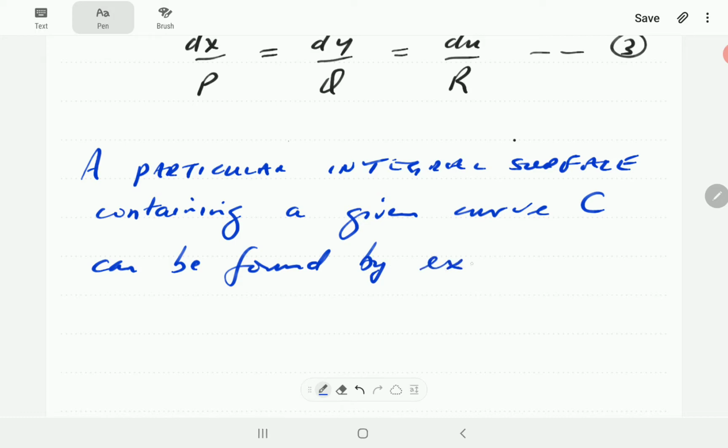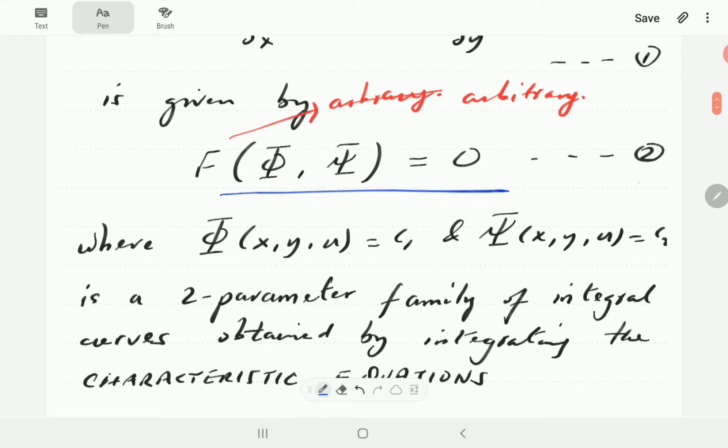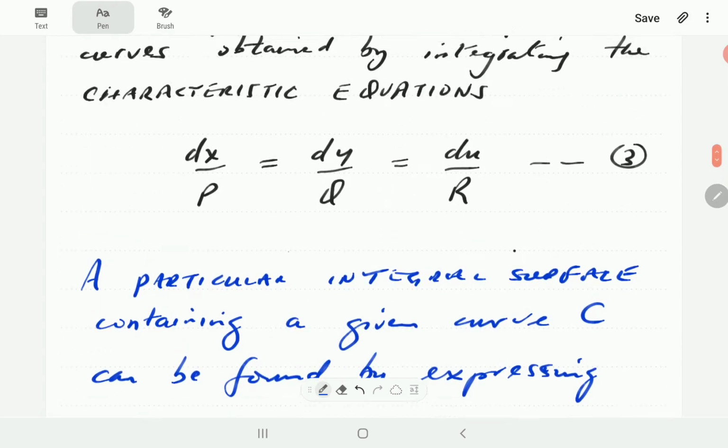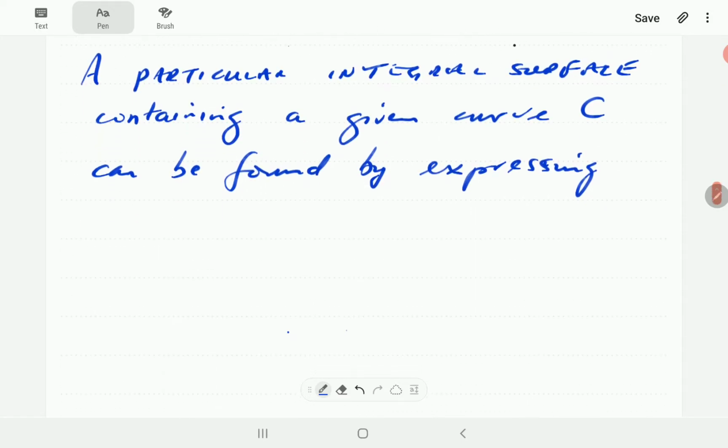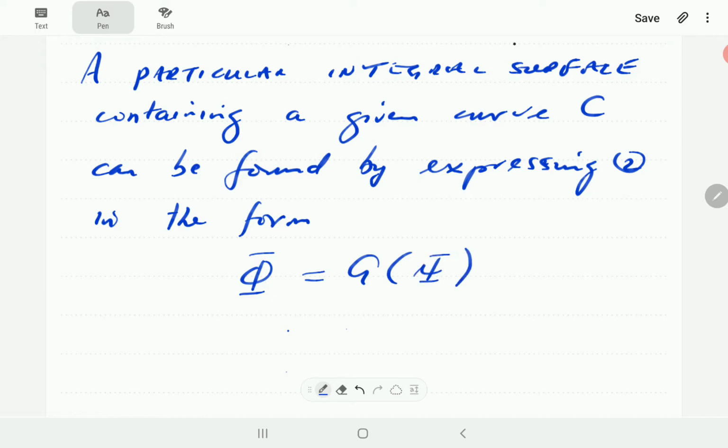It can be found by expressing the general solution we found here, which we have labeled 2. So by expressing 2 in the form, we make either phi or psi the subject of the formula. So in this case we're going to write it phi is equal to g of psi.